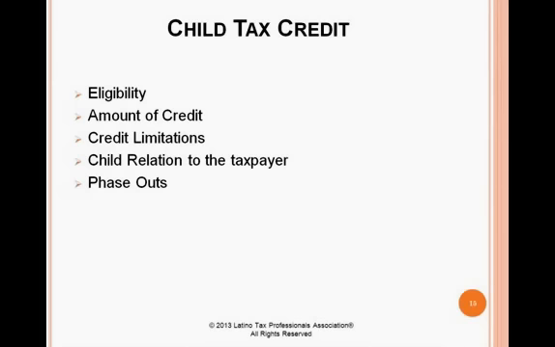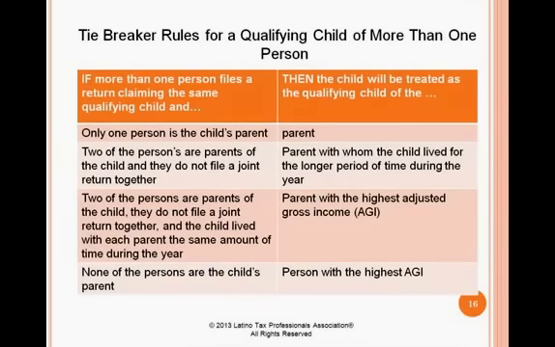Eligibility is crucial because, first of all, they must be a qualifying child, but then they also, unlike dependency qualifications, they must live with you. So we go back to, as we looked in previous chapters, the tiebreaker rules for a qualifying child of more than one person.